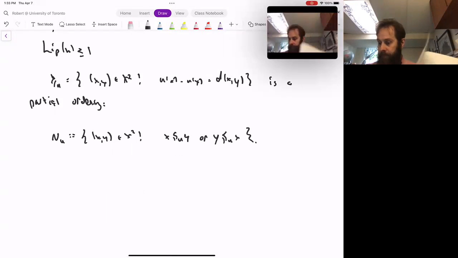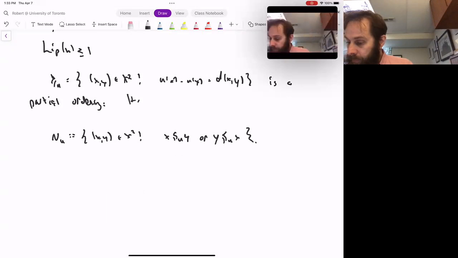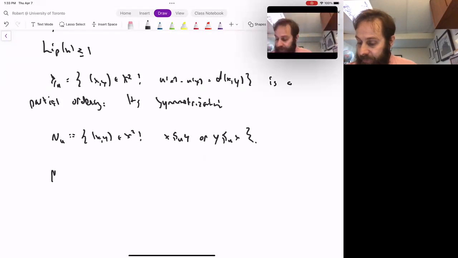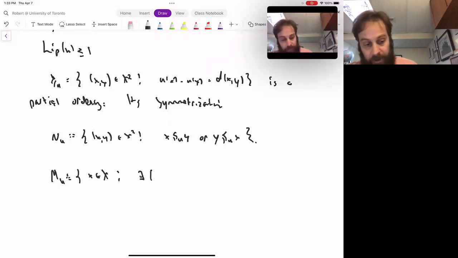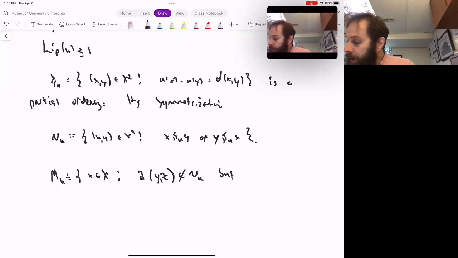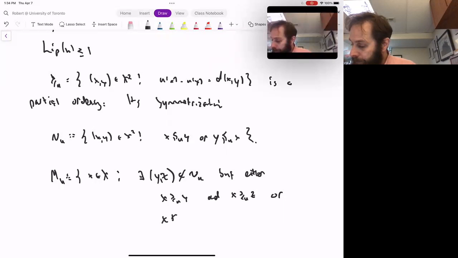We can also define its multiplicity points, which are the set of points X such that there exists a pair of points Y and Z, which are not related to each other, and either X dominates both of them or both of them dominate X. So those were the multiplicity points.